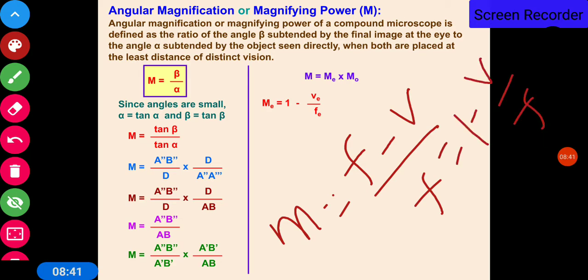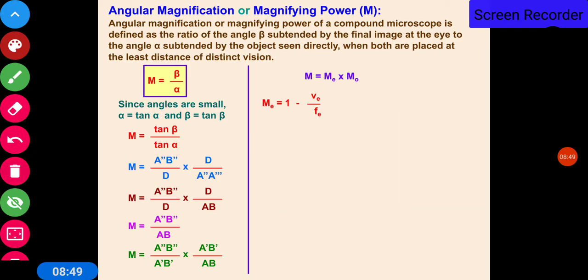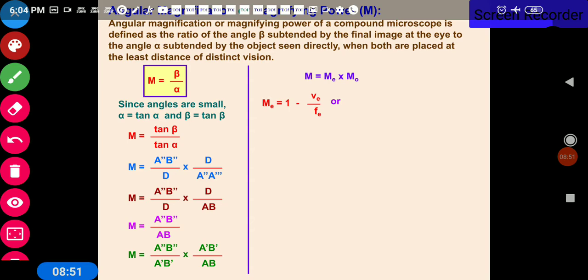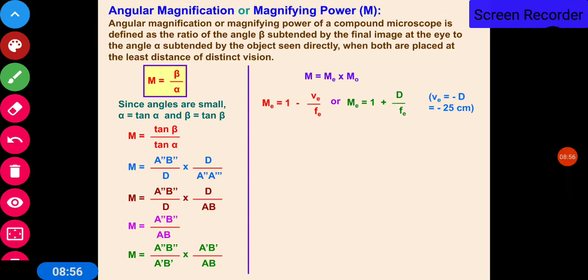So using this expression for the eyepiece, ME is equal to 1 minus VE upon FE, or this can be written as ME is equal to 1 plus D upon FE, because VE is equal to minus D, minus 25 centimeter.